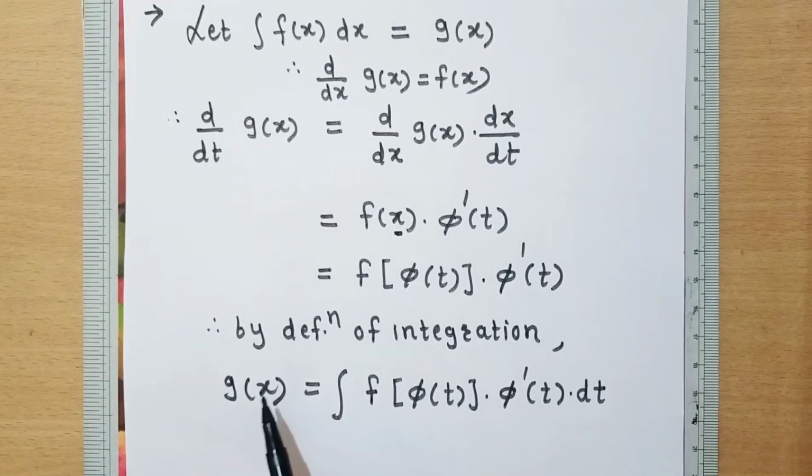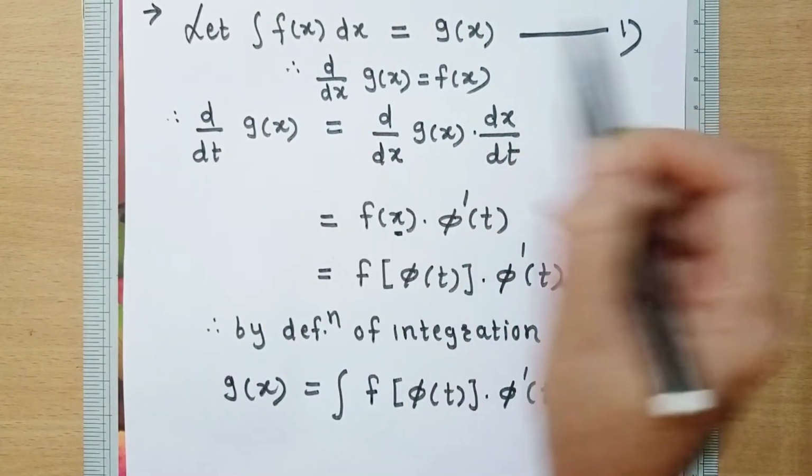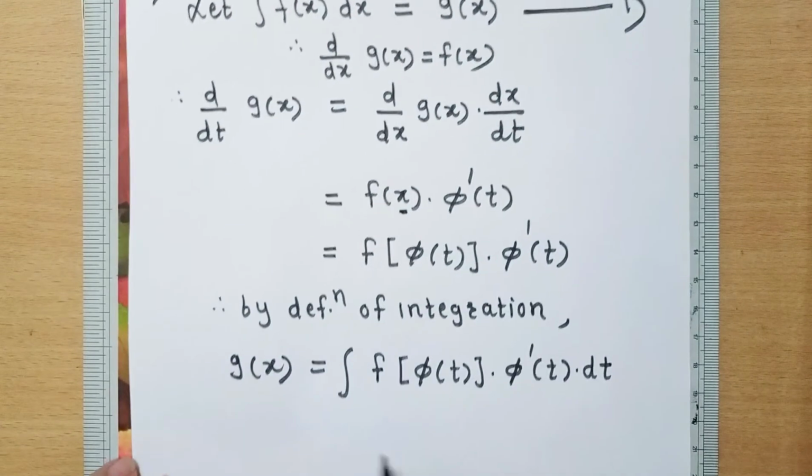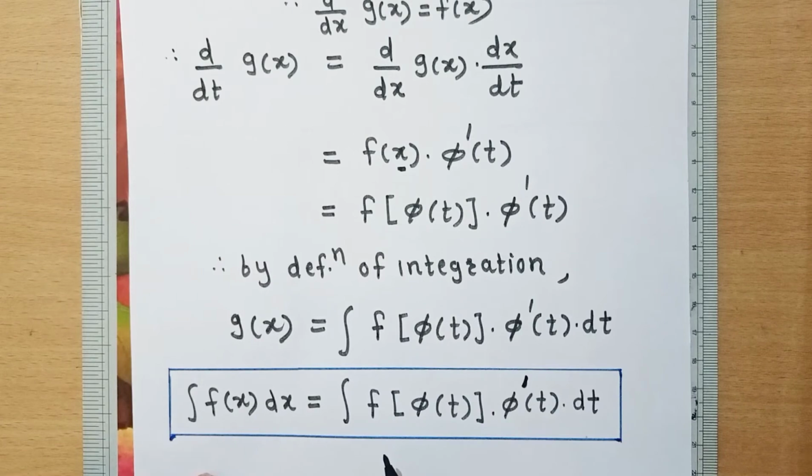And again check, g of x means integration of f x dx, so by 1 we will substitute here, so integration of f x dx is equal to this. This is the proof of the first theorem.